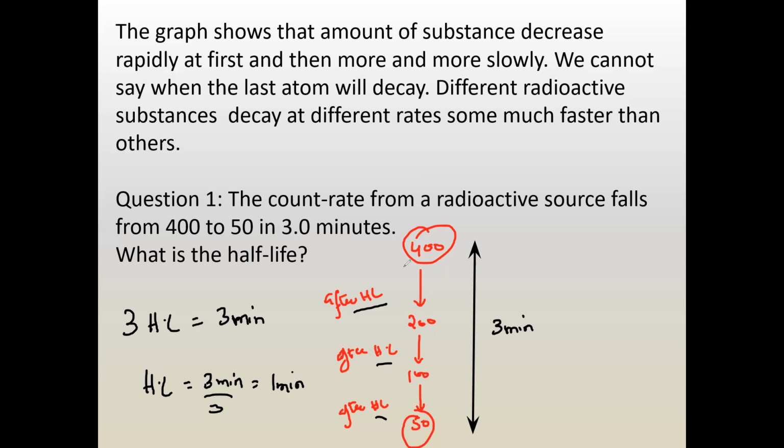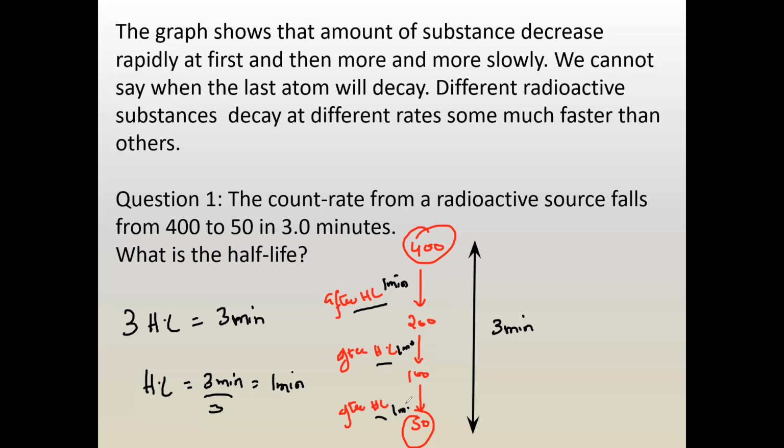So it will take 1 minute to convert from 400 to 200, then another 1 minute to convert from 200 to 100, then another 1 minute to convert from 100 to 50. So the time taken by half of the radioactive sample to decay simply refers to half-life. When it was changing from 400 to 50, it is not 1 half-life.